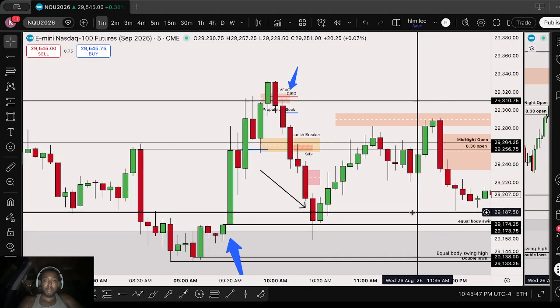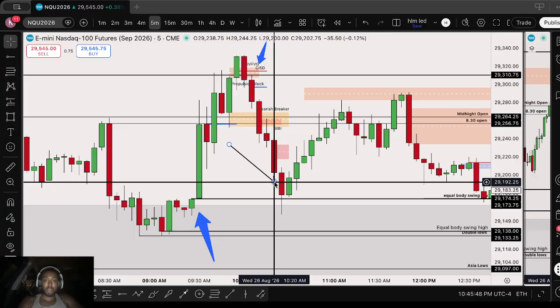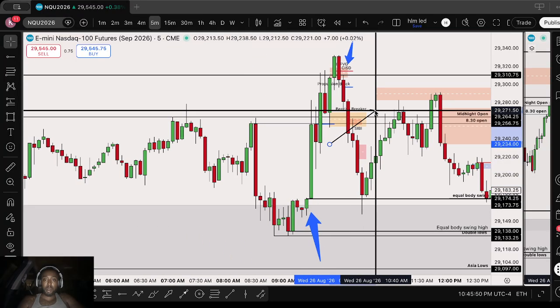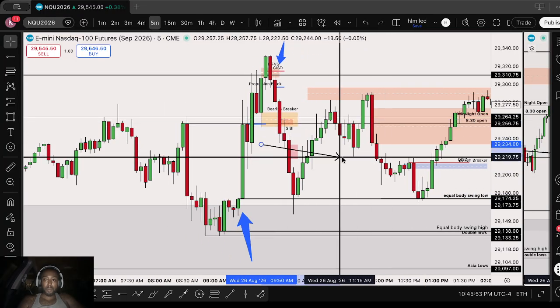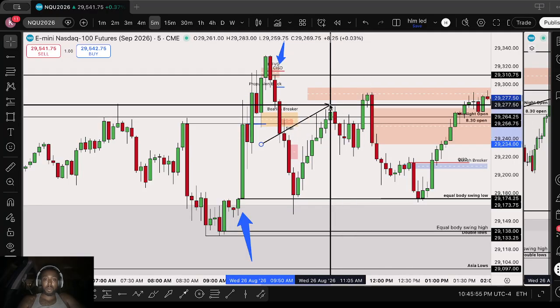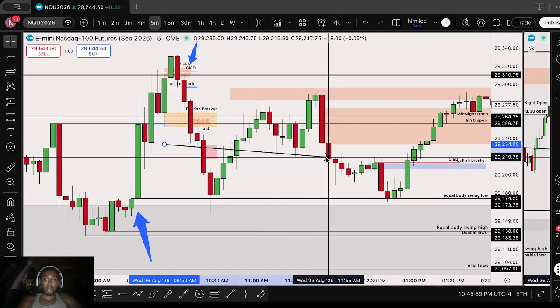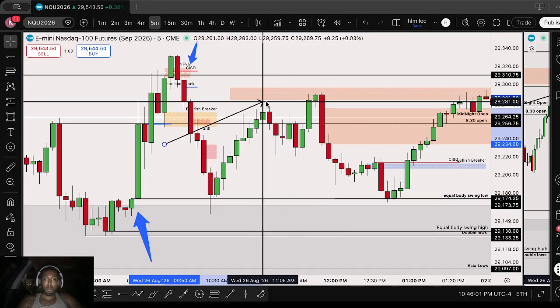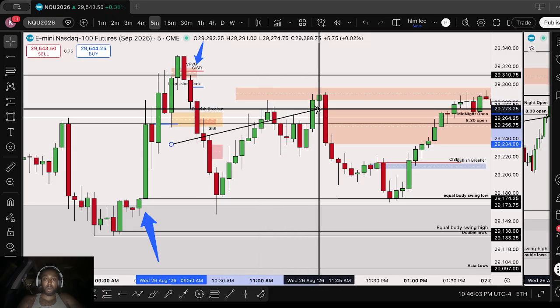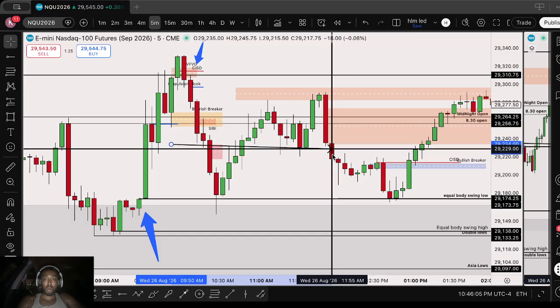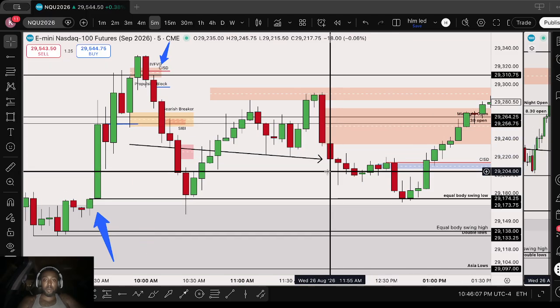After that, in this zone here, price came up. Now we get another internal sweep here, displacing lower, a bearish breaker again: high, low, higher high, lower low. Look how we come right back to this fair value gap.